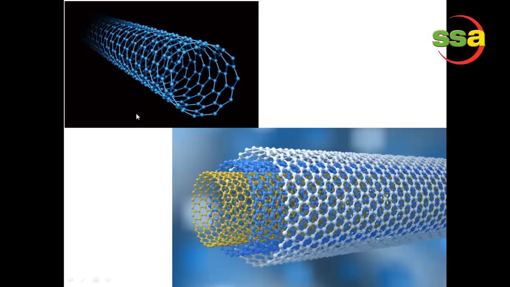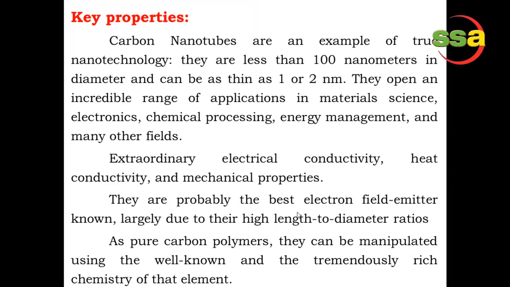Here we are seeing the single walled carbon nanotube. As it is single walled, only one wall of the carbon graphite sheet is observed. But coming to the next case, here this yellow one, blue one, and white one, 3 layers of graphite sheet are rolled in the form of a tube, which leads to the formation of a multi-walled carbon nanotube.